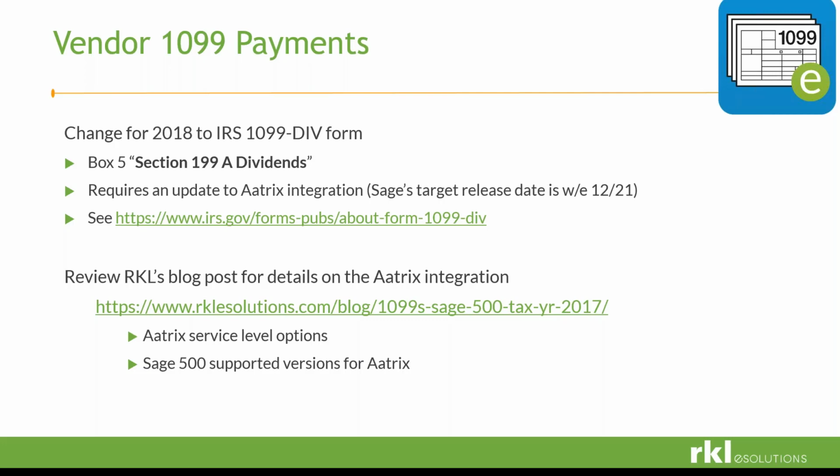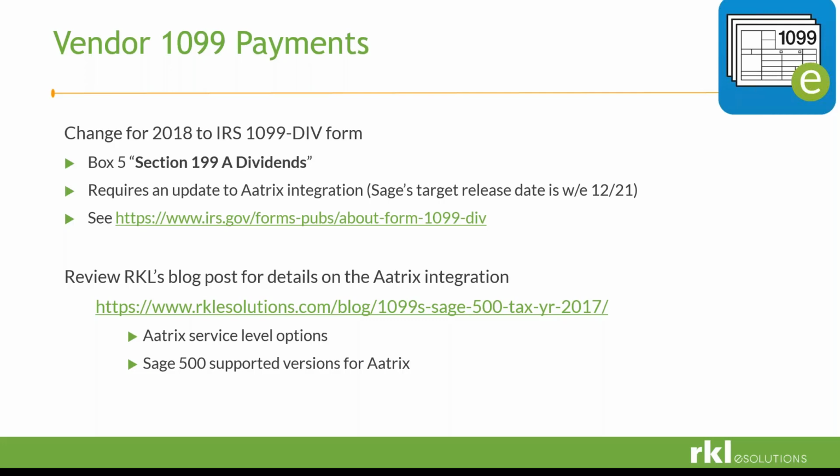For those of you who may not be aware, back in version 2017, I believe, Sage added the Avalara integration option to provide a web solution that's integrated with 500's accounts payable to be able to report the 1099 forms, transmit those to federal and or state government, and also generate the forms themselves to be sent to the recipients, either electronically or paper copies.